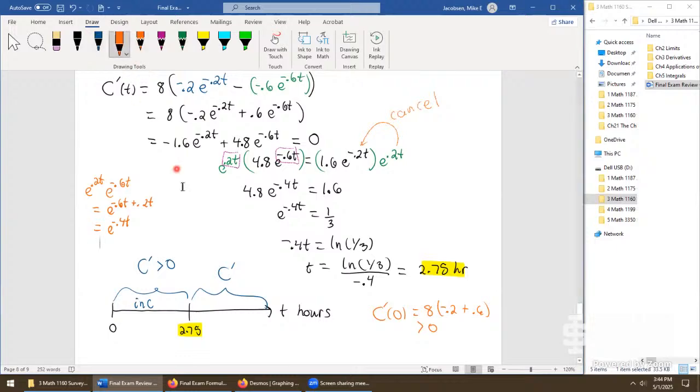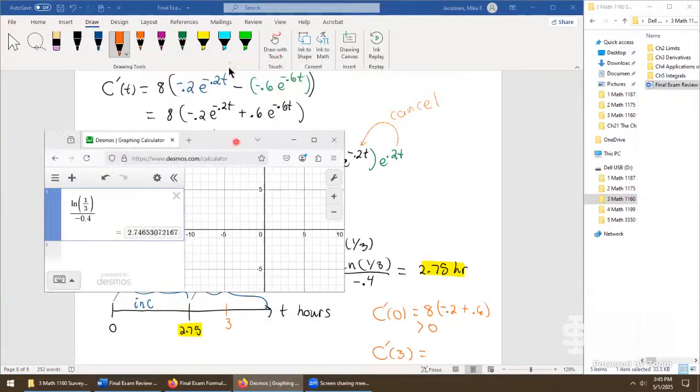We just want to check, is it decreasing out here? 3 should be a good value to check. So let's do C prime at 3. It's kind of an awkward function to plug a value like 3 into, so this is a point at which we'd want a calculator. Go 8 times negative 0.2 e to the power.